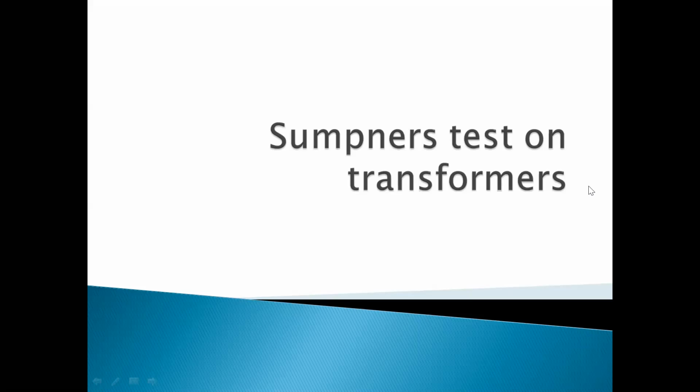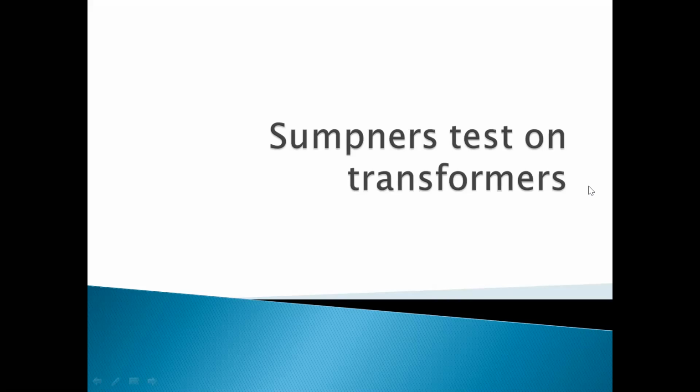Actually, in the open circuit test and short circuit test, we also determine the efficiency and regulation of the transformer, and the equivalent circuit parameters are also determined from the OC and SC tests.